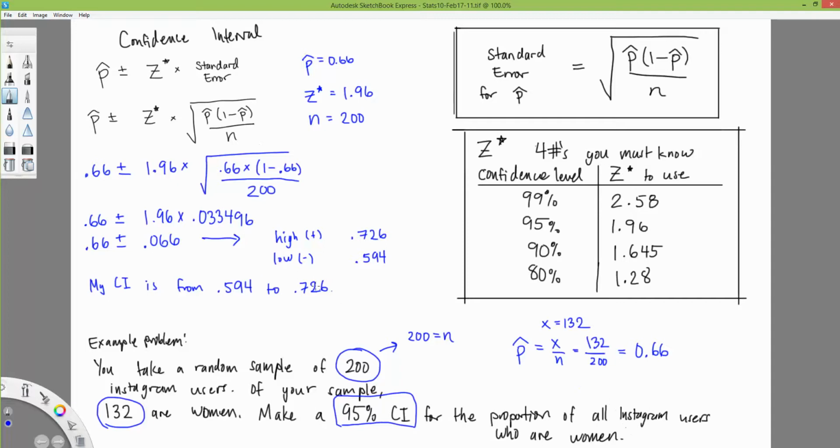Okay, and so our confidence interval says, okay, well, we don't know P, but we see P hat is 0.66, okay? And so we're expecting P to be close to 0.66, okay? And what we see is that we go through the math and we found our confidence interval is from 0.594 to 0.726.